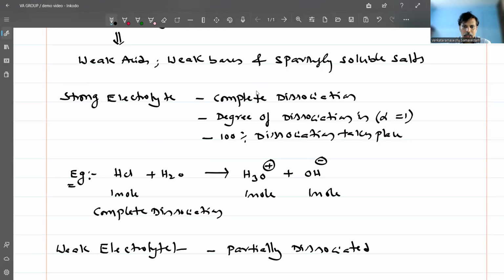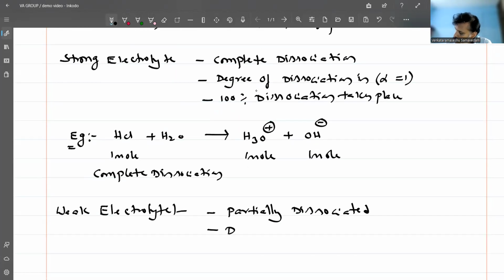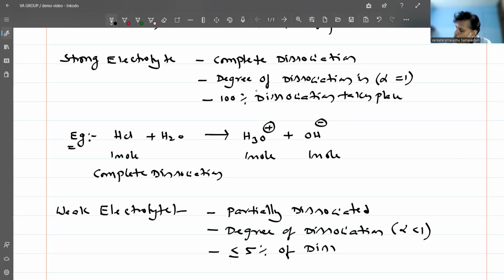For the degree of dissociation, alpha is less than 1. Generally, they will undergo less than or equal to 5% of dissociation.